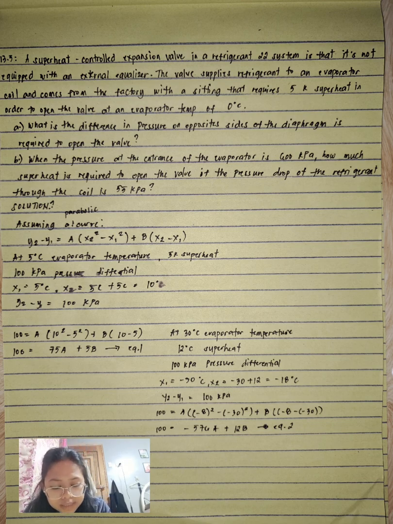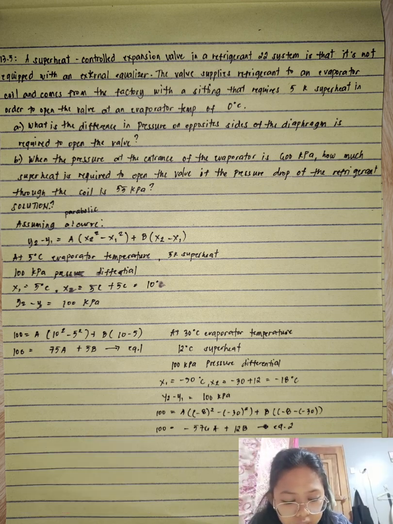Same process: 100 is equal to A multiplied by negative 18 squared minus negative 30 squared, plus B times negative 18 minus negative 30. So 100 is equal to negative 576A plus 12B. That is equation number 2.